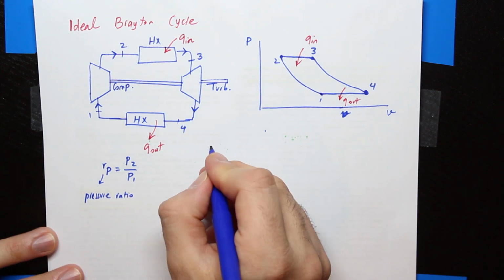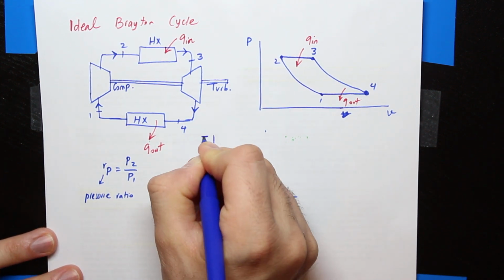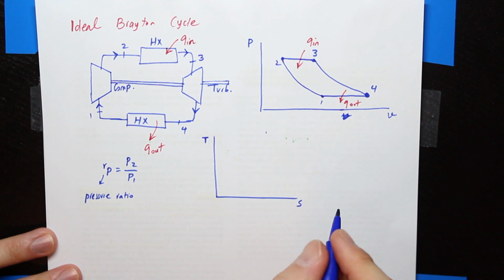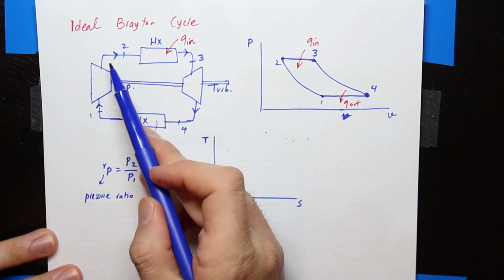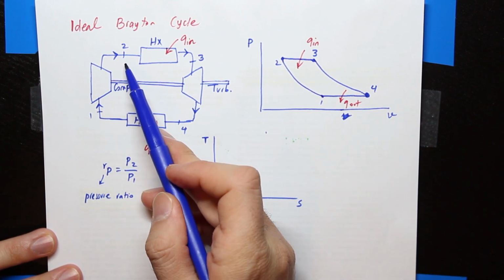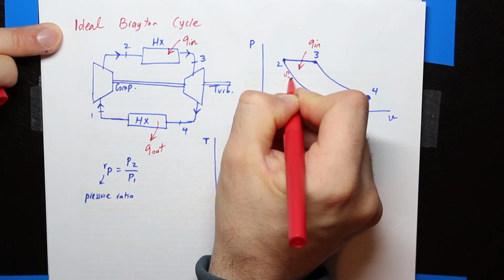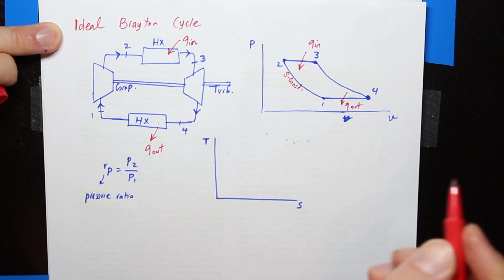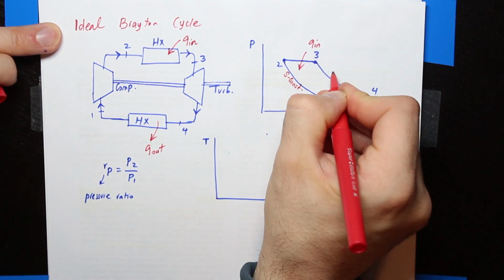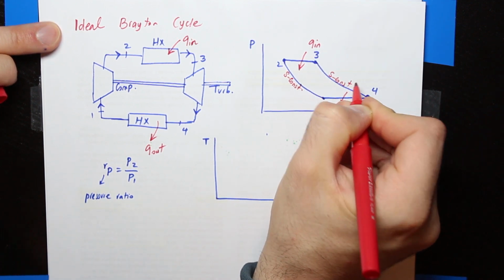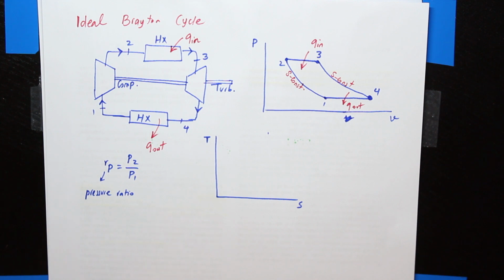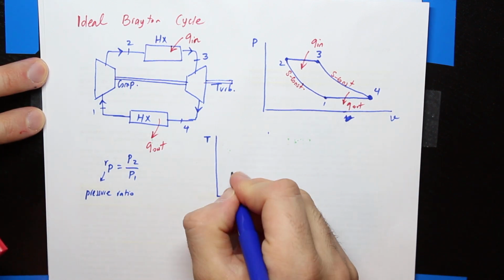Okay, now I can also do the TS diagram for these, temperature, entropy. So from 1 to 2, in an ideal cycle, the entropy doesn't really change. So here I should mention that 1 to 2 is S constant. The same thing applies from 3 to 4. So 3 to 4 is also S constant. That means the process from 1 to 2 is a vertical line.